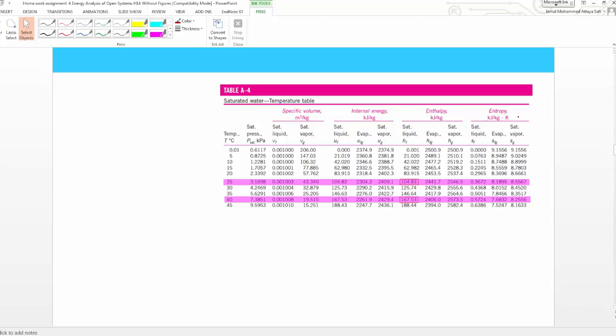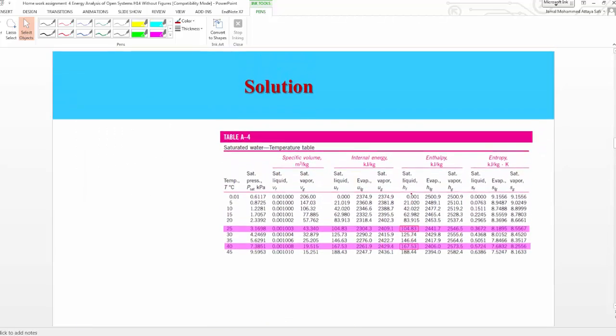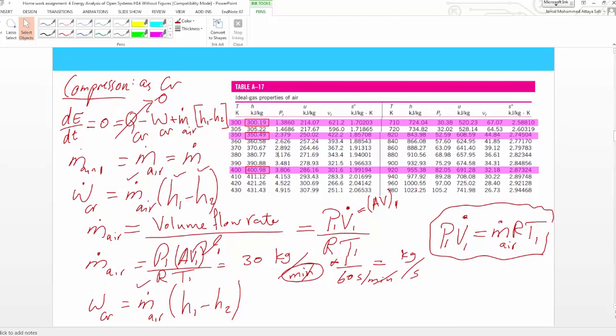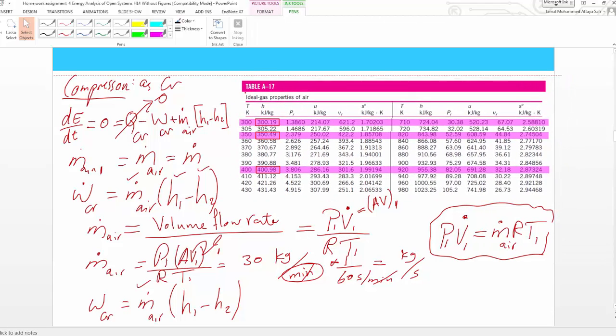this is for the water. Oh, I don't have the table here, apparently. Oh, it's here. So for H1, I have the temperature, and if you go to A17, A17 is the ideal gas properties of air as a function of temperature. You have T1 and T2, but they have to be in Kelvin.